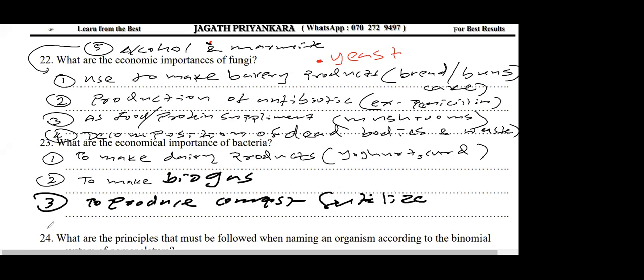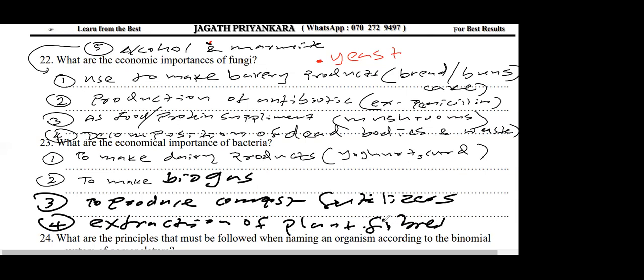Or you can write the other one, production or extraction of plant fibers. We call it soaking of coconut husk in water, extraction of plant fibers. Example, coconut fibers from coconut husk. So these are the economical importances of bacteria.